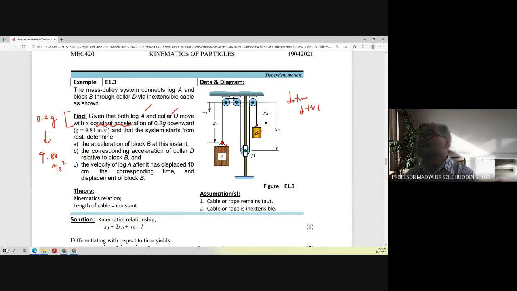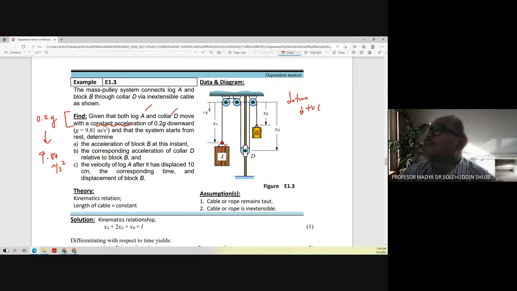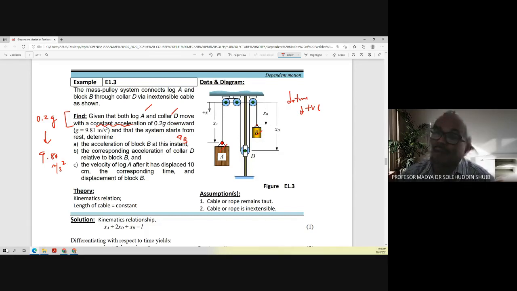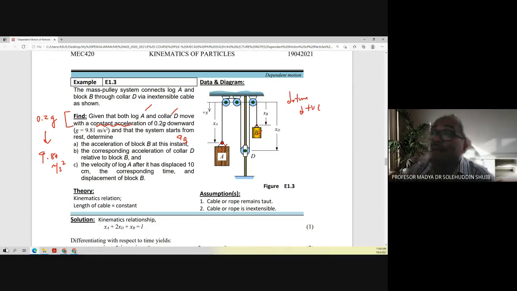So what does the question ask you to do? You have to find the acceleration of block A, block B, and the corresponding acceleration of collar D relative to block B. Relative velocity and relative acceleration is a very important concept.